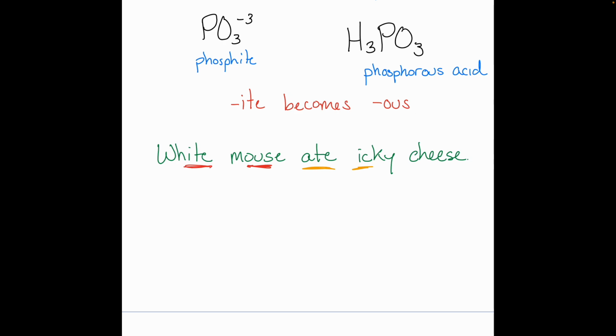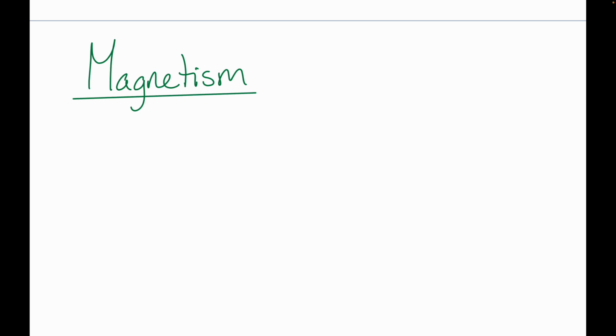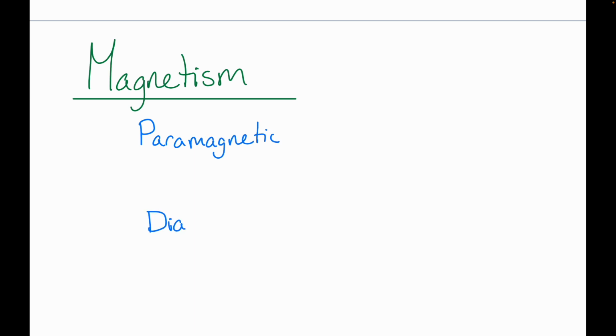All right, the other one, next topic, random topic here, is going to revolve around magnetism. In particular, you might hear or see these buzzwords of paramagnetic and diamagnetic.